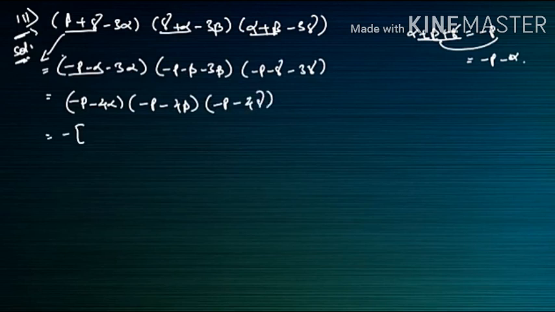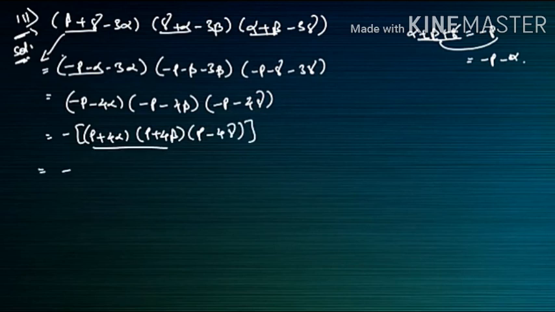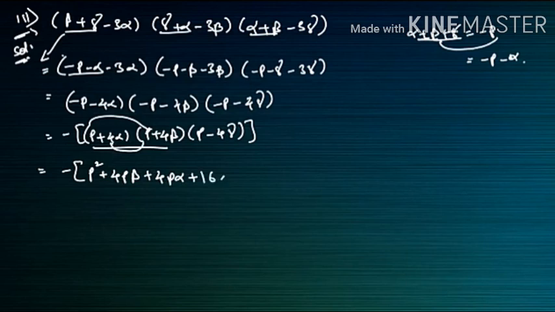I will take minus common from each, so it becomes minus (p plus 4 alpha) into (p plus 4 beta) into (p plus 4 gamma). So we multiply these two terms first: p square, then p into 4 beta gives 4p beta, and 4p alpha, plus 4 into 4, that is 16 alpha beta.